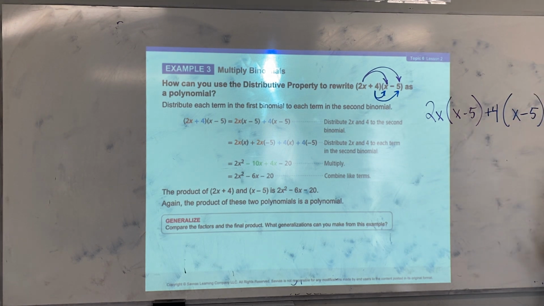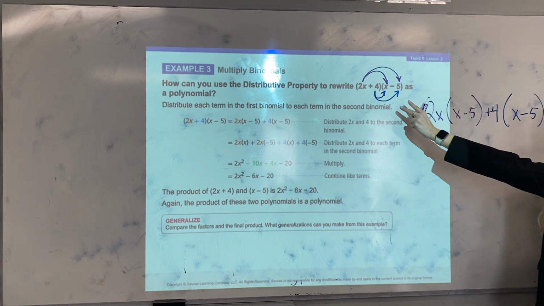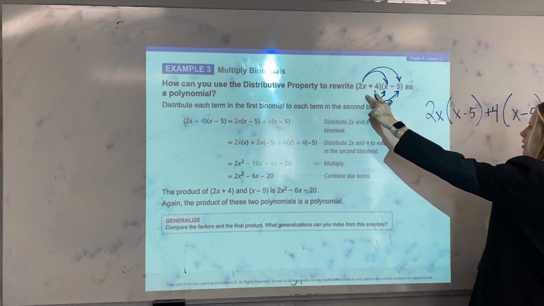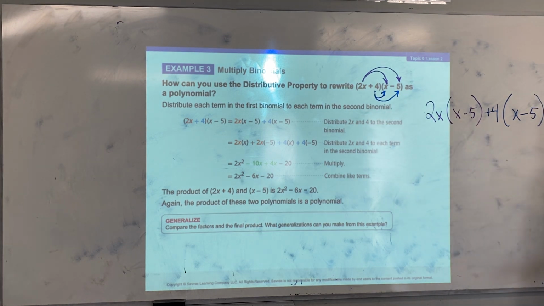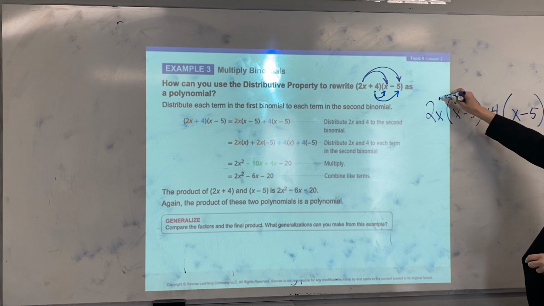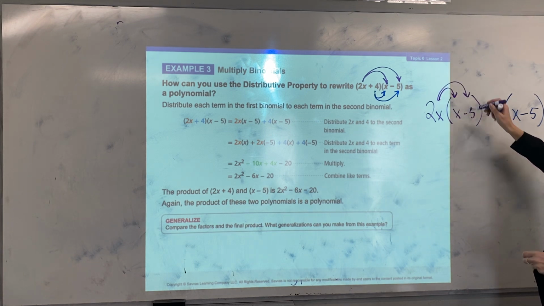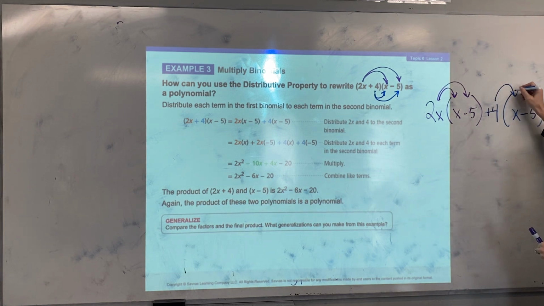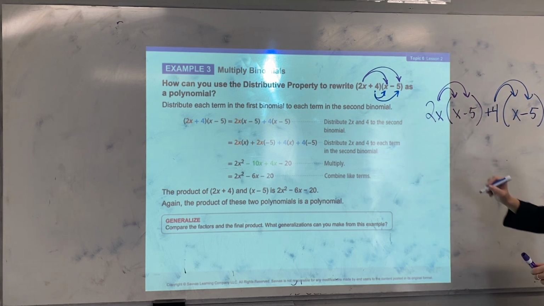Do you see how both terms from the first binomial are distributed to the second binomial? Now the arrows will be a little bit clearer, so when I distribute, I can go from left to right instead of all over the place. And then we'll just distribute.